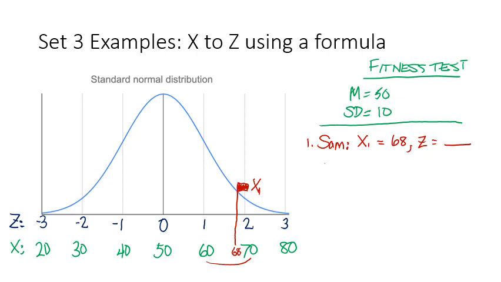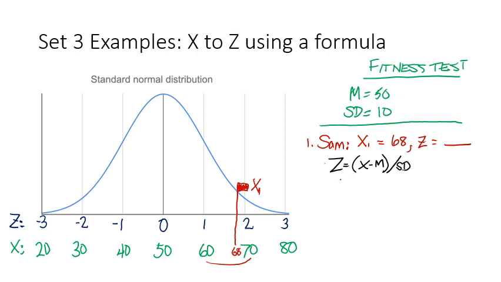So if we have a raw score and we want to know a Z score, we can use a formula, and that formula is Z equals X minus M. You probably recognize that as the deviation, but we're going to divide by the standard deviation.